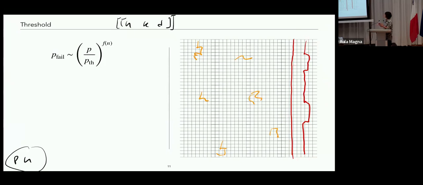What happens is that in a system like that, you're going to have regions of error that are separated. So you're going to have clusters of error, and clusters for P low enough are going to be small, and you're going to be able to correct them if your system is good.